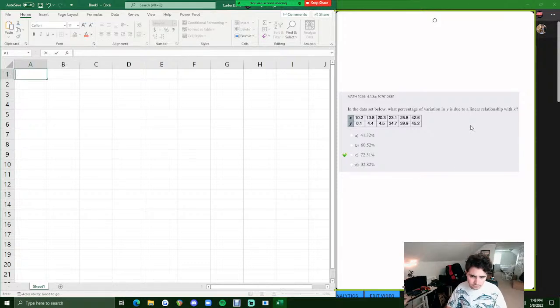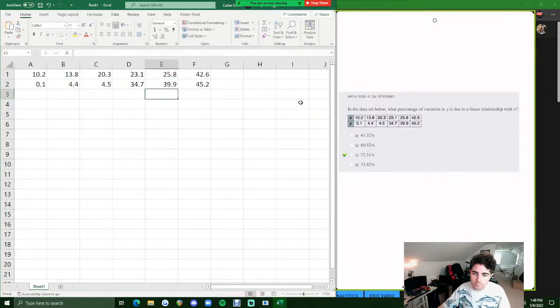So if we just plug these values in, I'm going to just do it how they have it plugged in, 13.8 and so on, 20.3. Just making sure all these match up here.